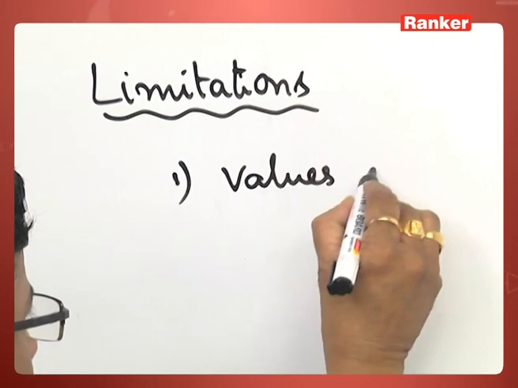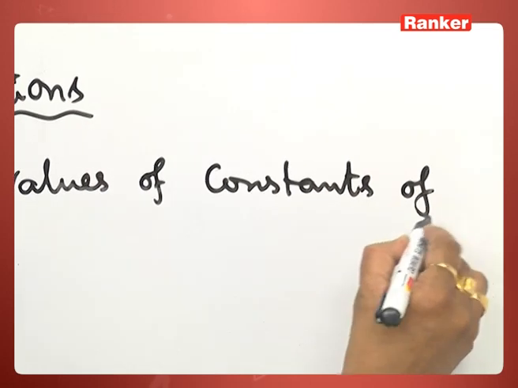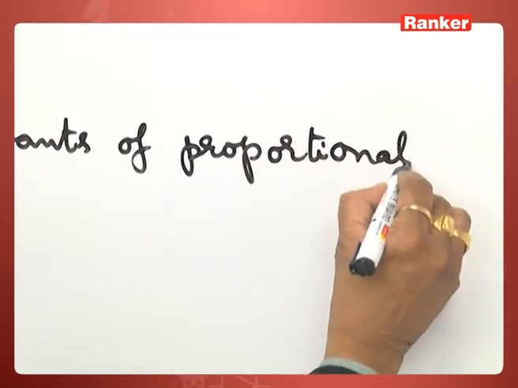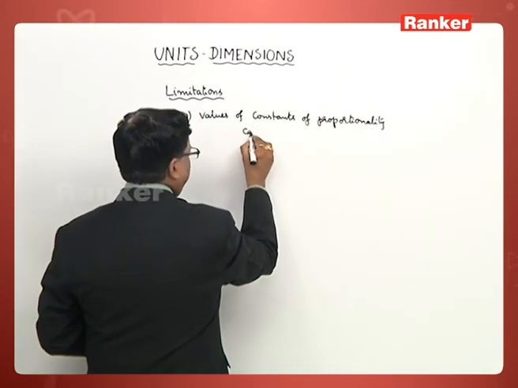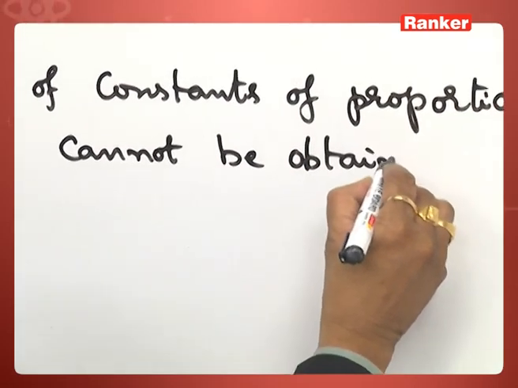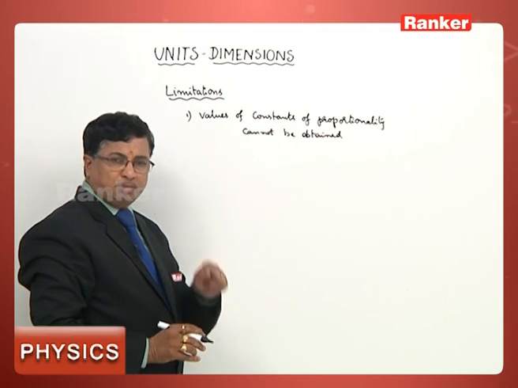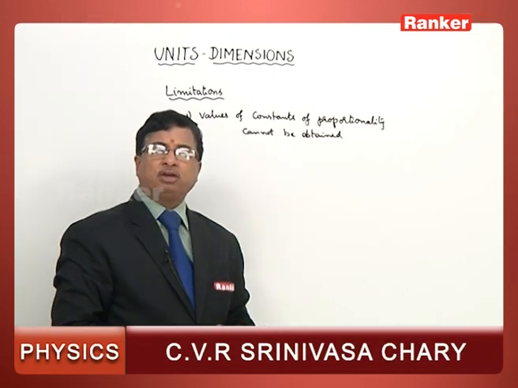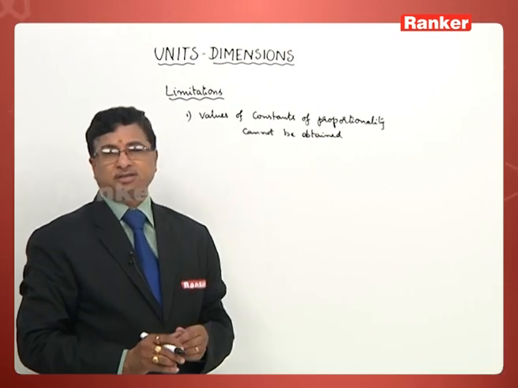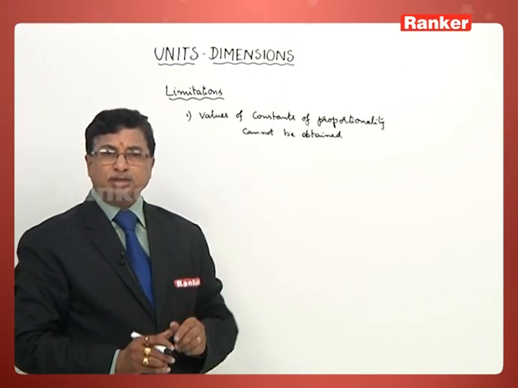Values of constants of proportionality cannot be obtained by dimensional analysis. Using dimensions, we cannot estimate what is the constant of proportionality in any of the equations. So, that is in fact a constraint what we have as far as dimensional analysis is concerned.